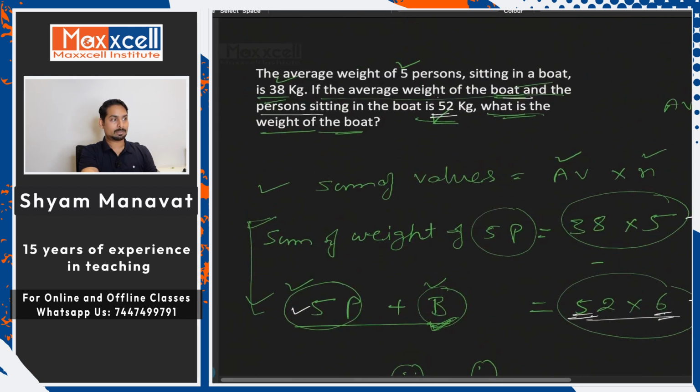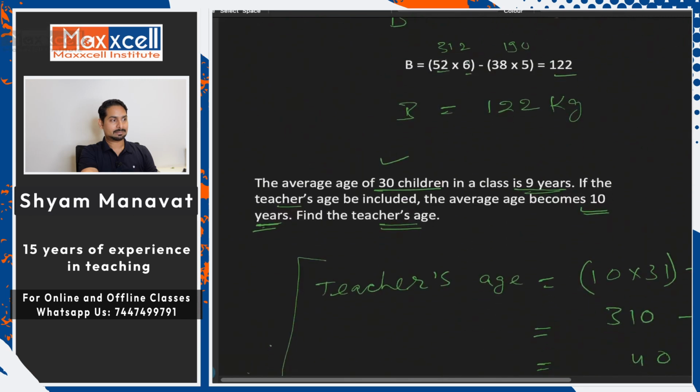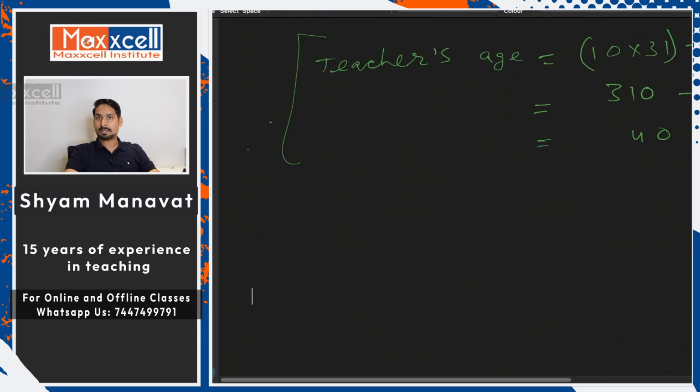So let me show you an alternate method for this question as well as the previous question. By now I am sure you are clear about the concept, or the formula, of average, that is sum of values by number of values. Now I will show you a different point of view of the average.